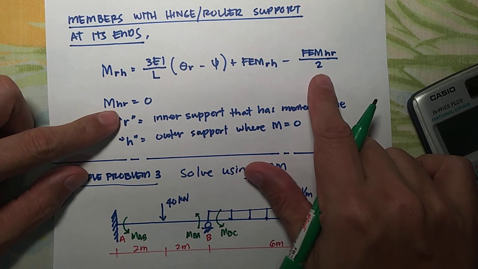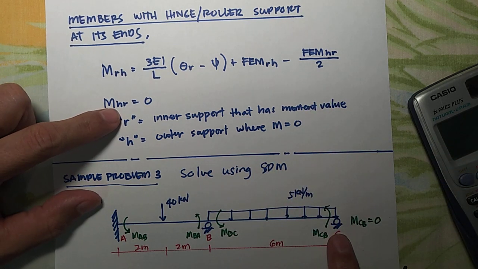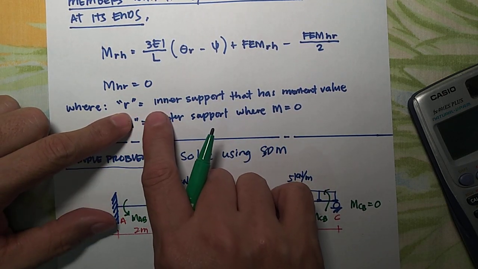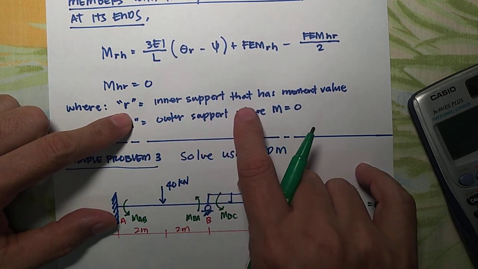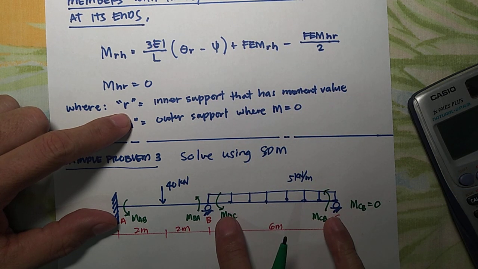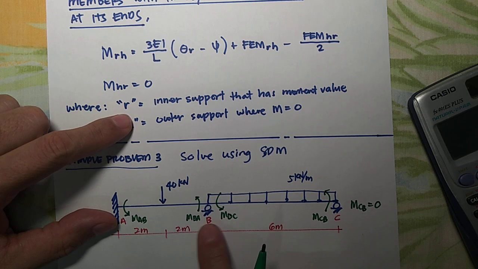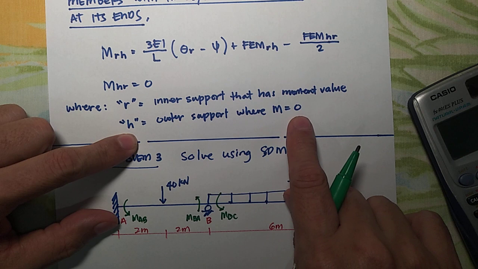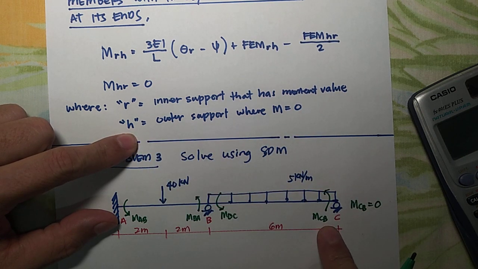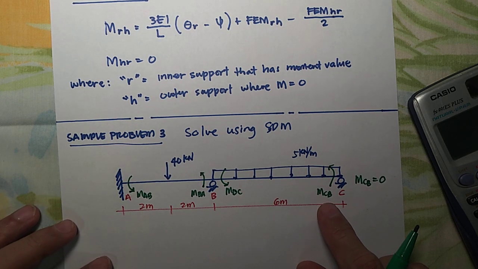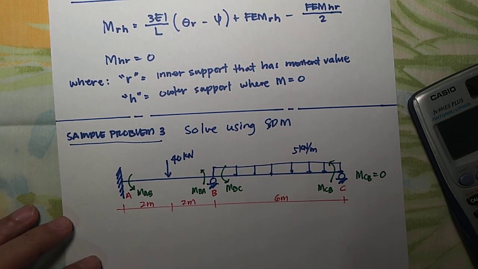For this case, the subscript R means it's the inner support that has moment value. So for this case, R is point B. The H is the outer support wherein the moment there is 0, and H here is C. Okay? So let's have first the fixed end moment.